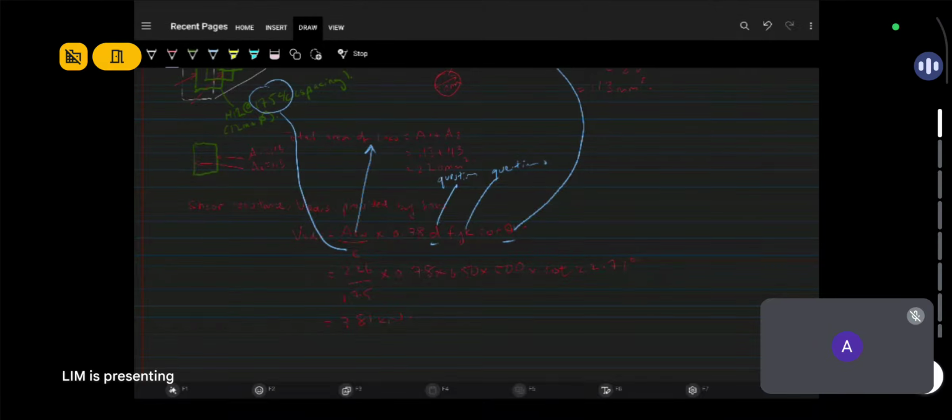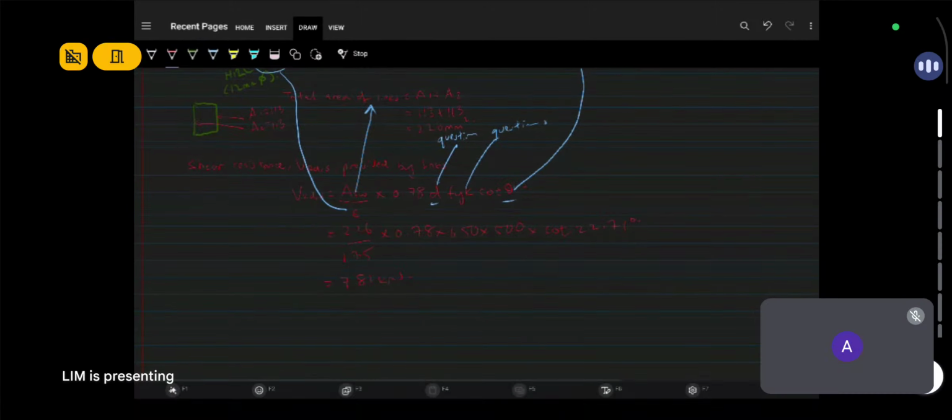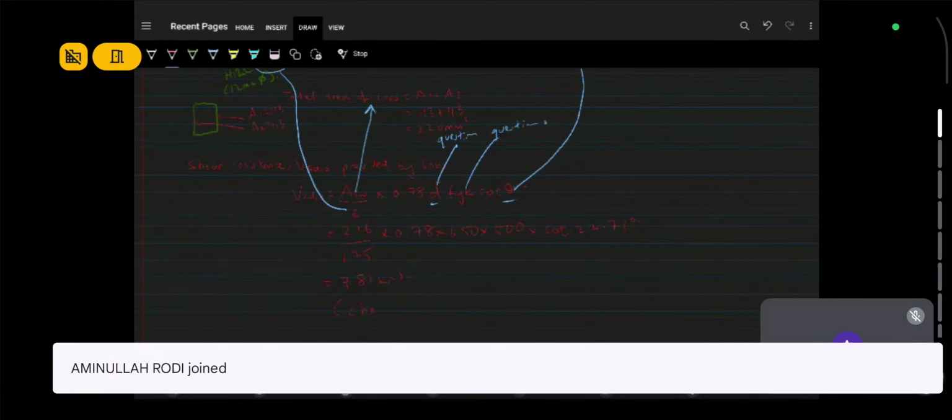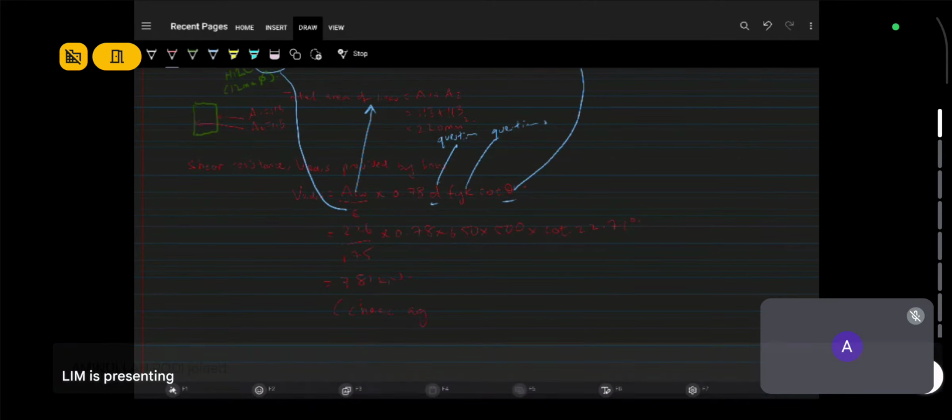So for this one, you need to check against the load. This is your strength, your beam's reinforcement strength, so now you have to check against the load, which is VED.